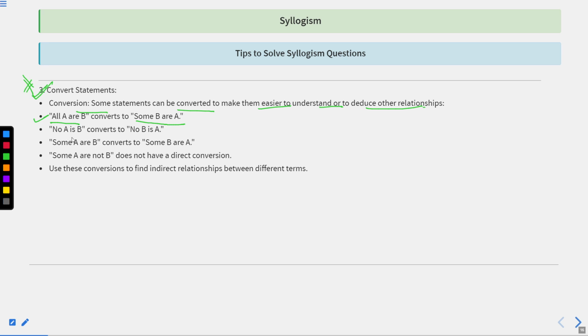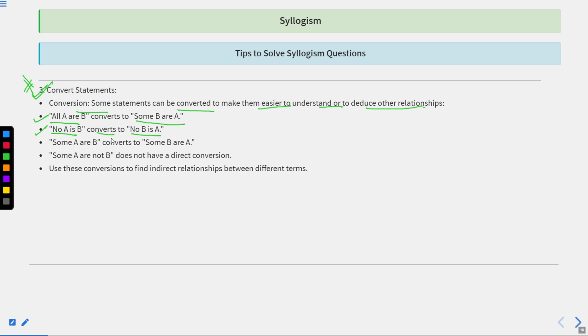So we can say that some B are A. No A is B will obviously be converted into no B is A, because there will be no relation between A and B.